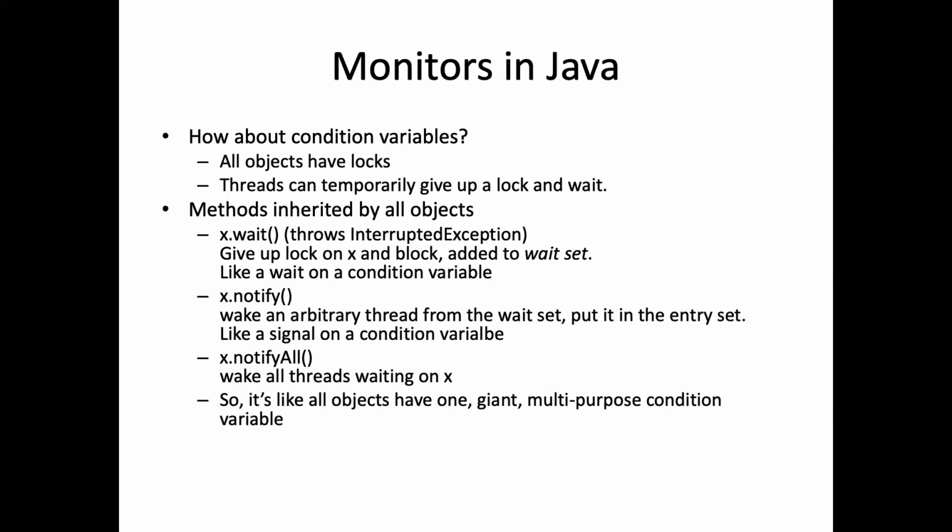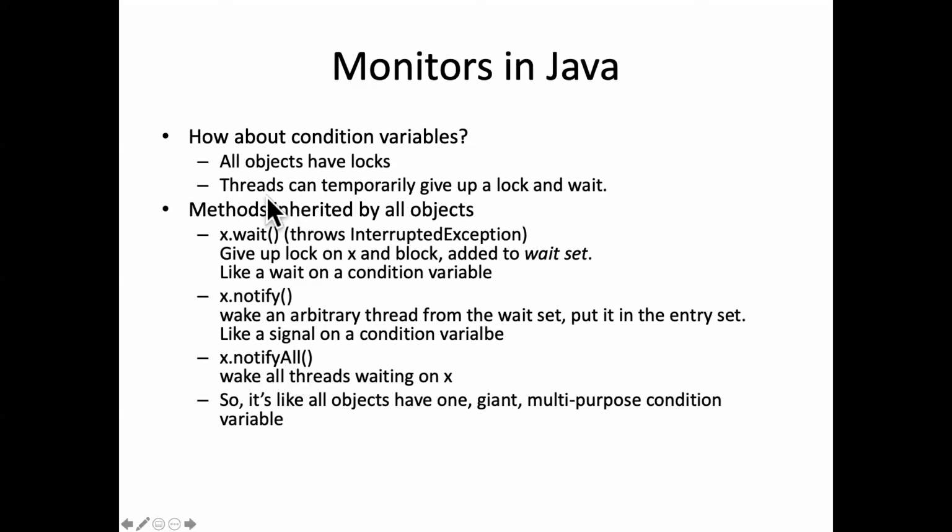Anytime a thread in a monitor needs to wait on something, it's probably going to be waiting on that one giant condition variable. When you wake up a thread that's waiting, you don't have a way of doing it selectively. You are going to wake up any thread that's waiting on that condition variable. If there might be multiple threads waiting on a bunch of different things, realistically, you might have to wake them all up and just let them decide if they're the one who can make progress or not.